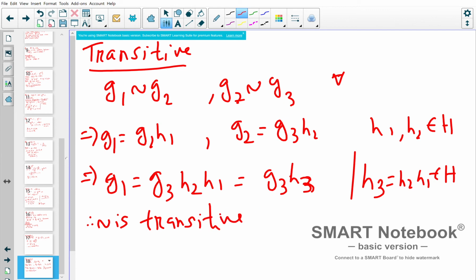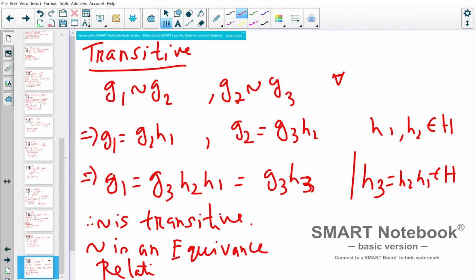So what does that mean? That means this tilde is an equivalence relation. This is the important outcome. The moment I have an equivalence relation, I can talk about the equivalence classes.